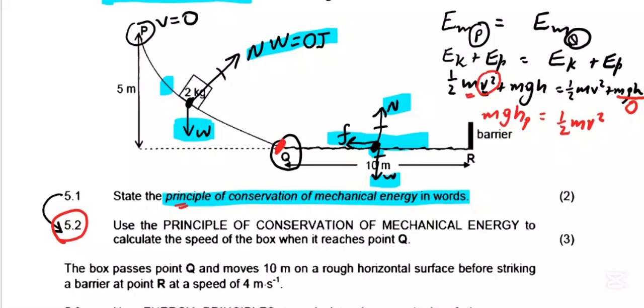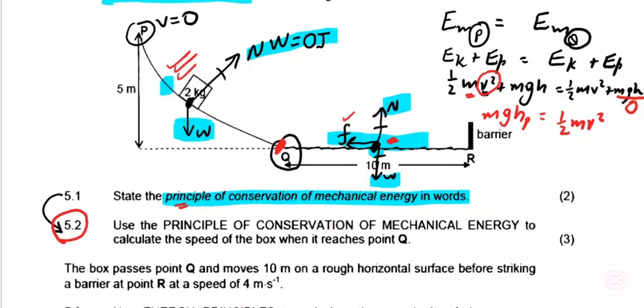Here there are no external forces, so the system is isolated in this section. But when we get here, there is one external force, which is friction, meaning that here the mechanical energy is not conserved.